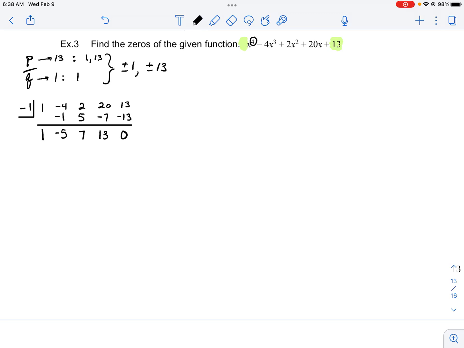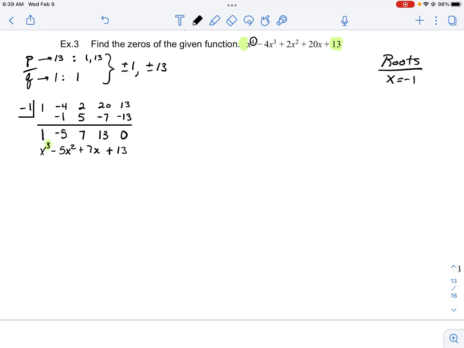So this leads us, remember, to x to the third minus 5x squared plus 7x plus 13. The magical value we're trying to get down to is a quadratic. So at this moment, I start making my list of roots. That's how I like to process things, and I keep track of what I'm working on. So I have x equals negative 1.